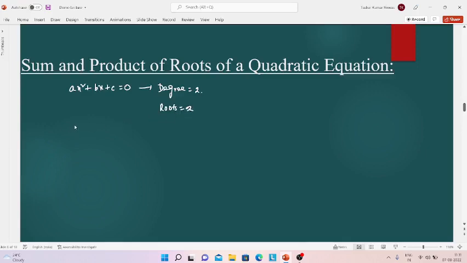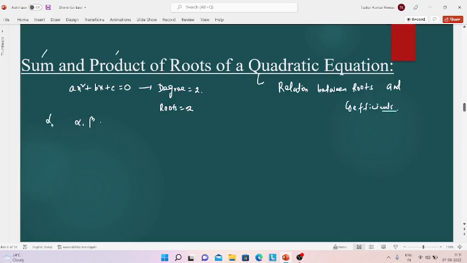Let me take these two roots as alpha comma beta. Then you can see the sum and product of the roots of an equation, sometimes called the relation between roots and coefficients, right? So what is the relation between roots and coefficients?